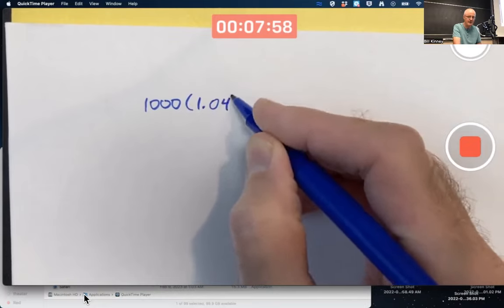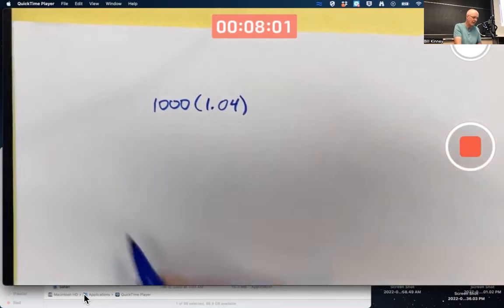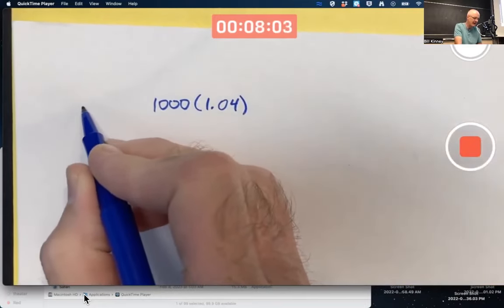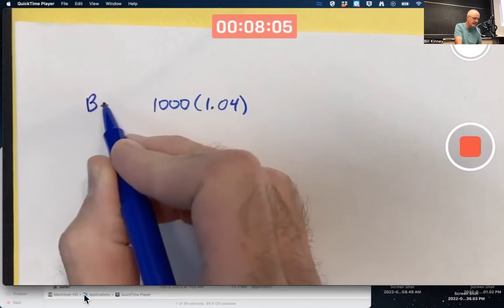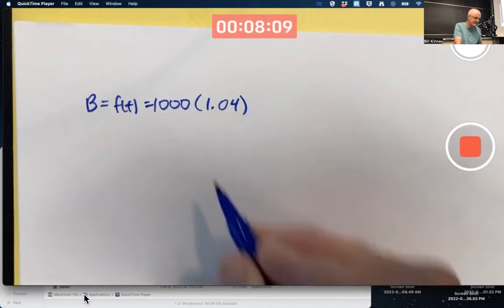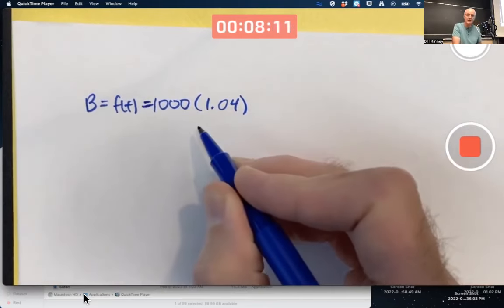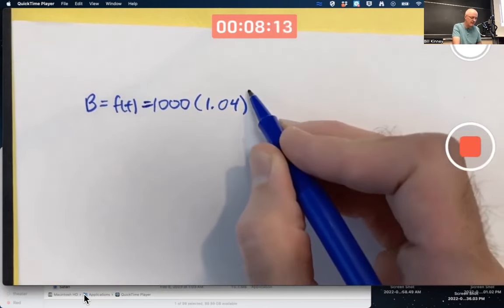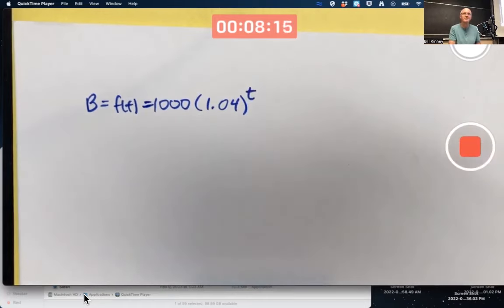And so therefore, the exponential function that represents your balance as a function of time, I'll call it B equals F of T, B for balance in your bank account. It would be 1,000 times 1.04 to the T power.